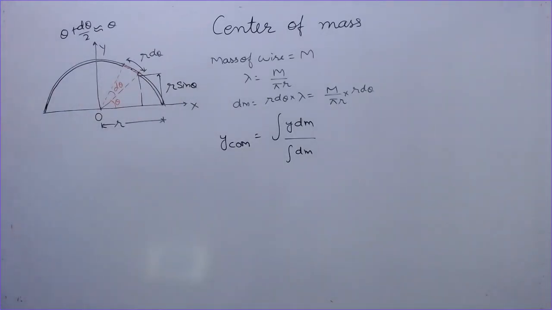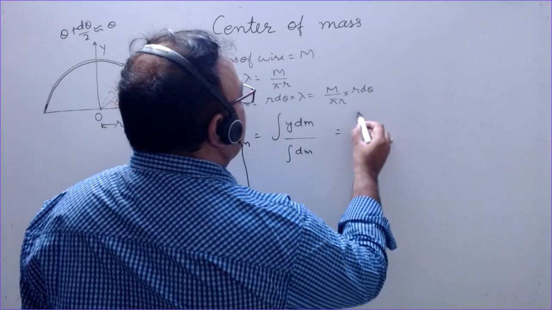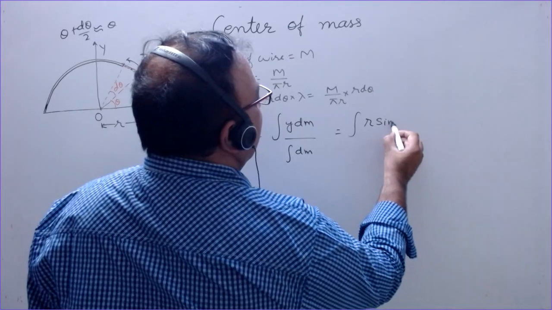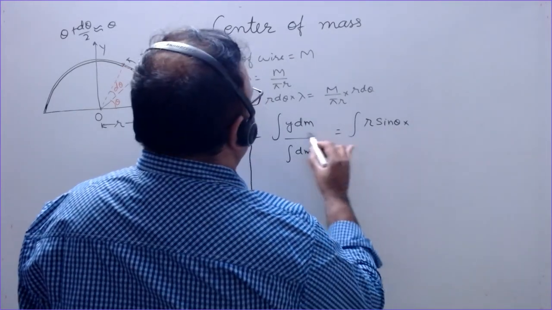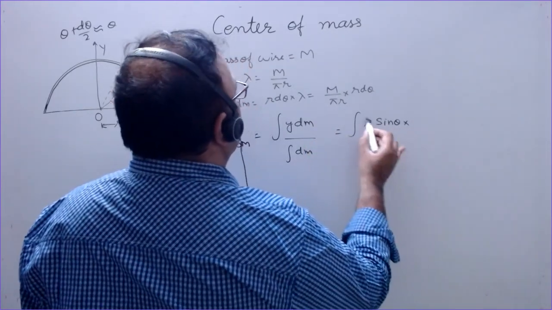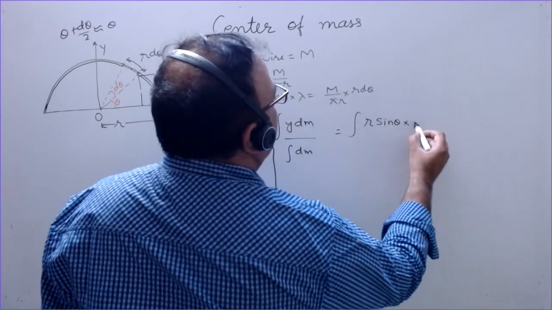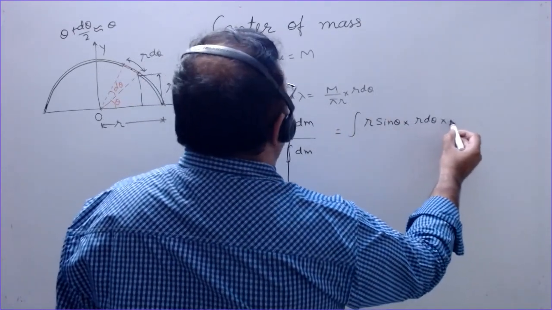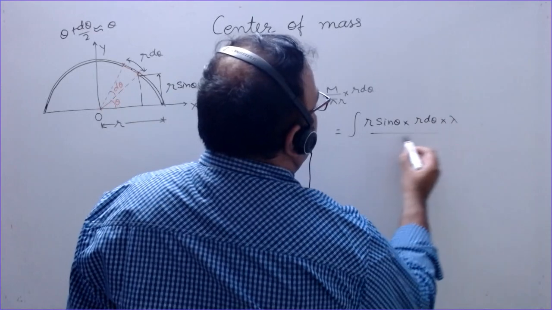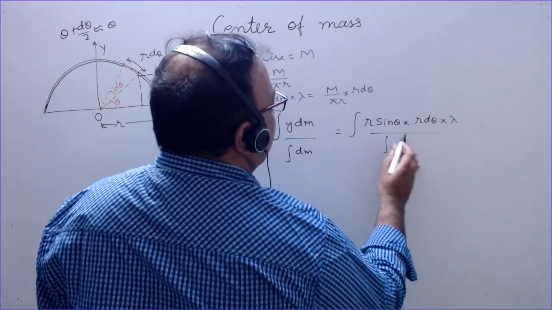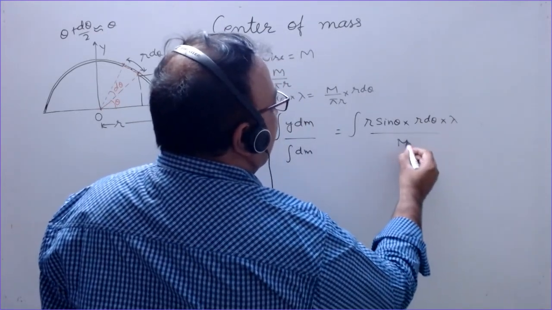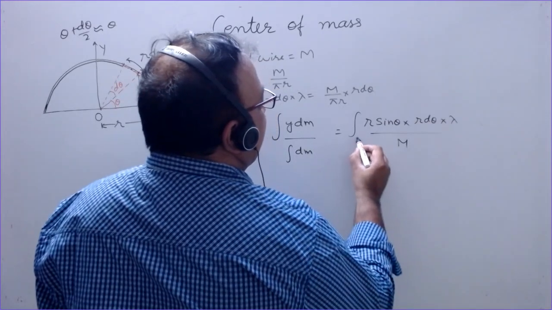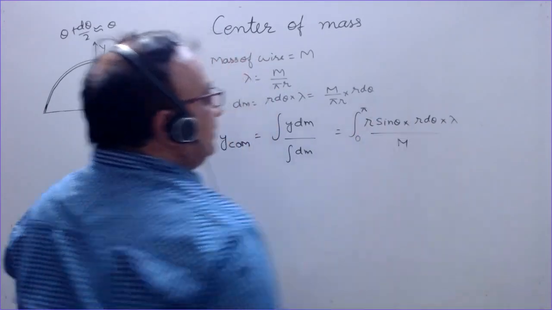So y can be taken equal to r sin theta, x is r cos theta. So r sin theta, and dm is r d theta multiplied by mass density, divided by the integral of dm, that is equal to the total mass. And theta here is varying from 0 to pi.